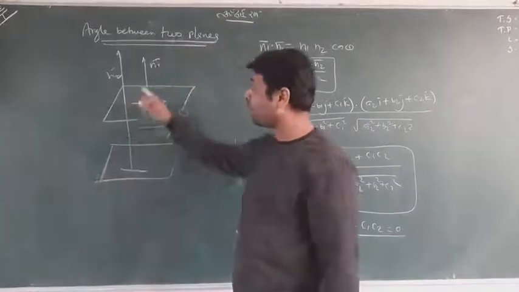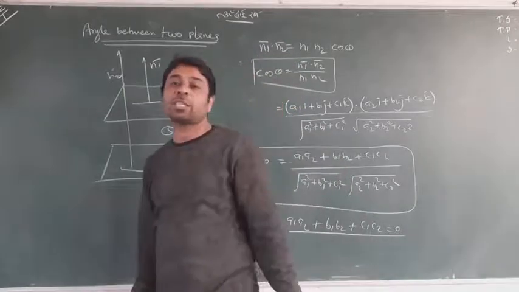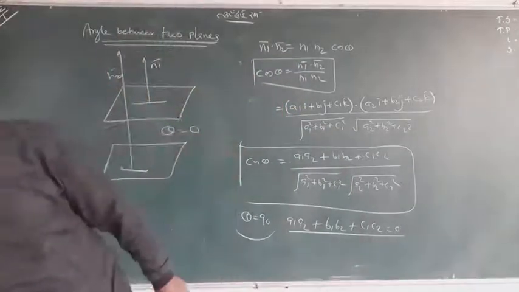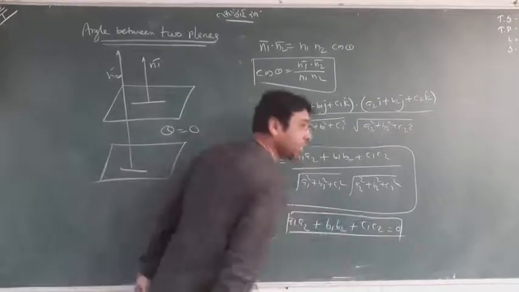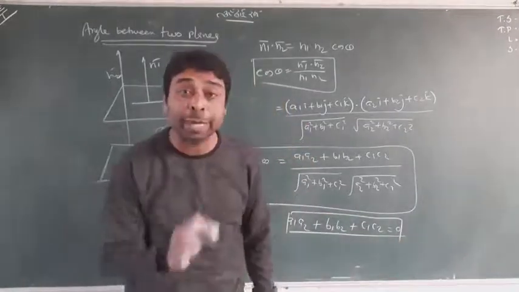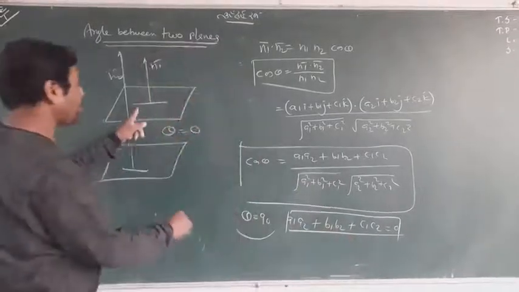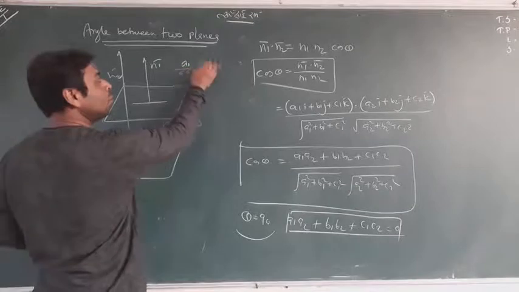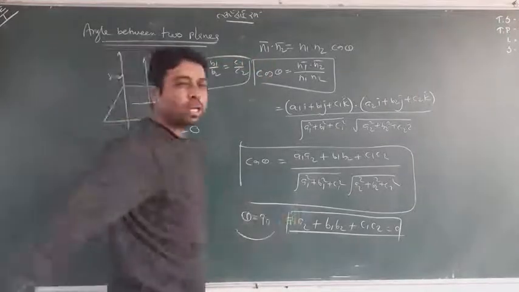When two planes are parallel, the ratios of normals are proportional. Simple. This is the main thing I wanted to tell you. Please remember, when two planes are perpendicular, a1 a2 plus b1 b2 plus c1 c2 will be 0. When two planes are parallel, a1 upon a2 and the other ratios are proportional.